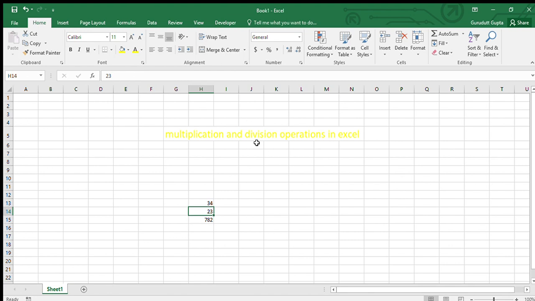So this is how we multiply in Excel, and now let's learn how to divide in Excel.